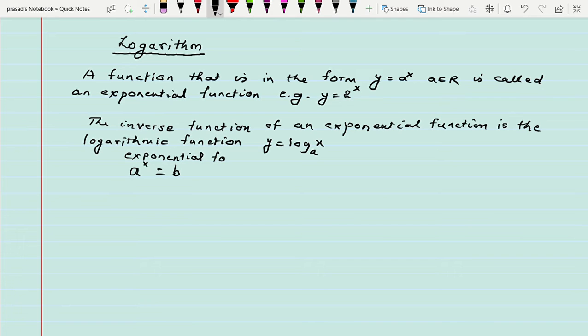And the corresponding logarithmic form is log b to base a is equal to x. That means suppose a to power x is equal to b, I have to change to log form. Then I will take the logarithm of this number.